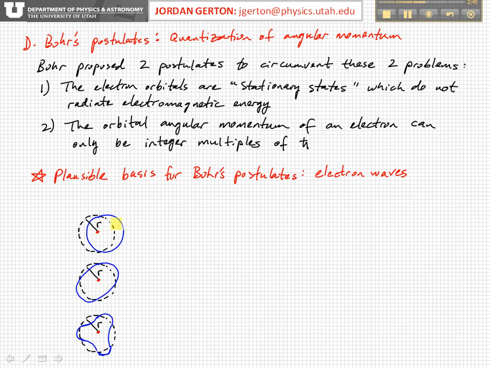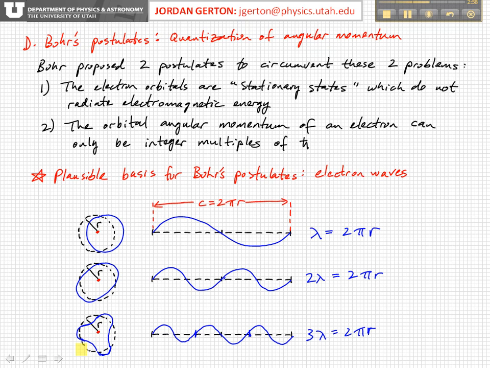Okay, so if we now take the circumference of this circular orbital trajectory and stretch it out into a line, then the wave-like nature becomes more clear. Imagine that the up direction is when the electron is outside the classic circular orbital trajectory, and the down direction is when it's inside.